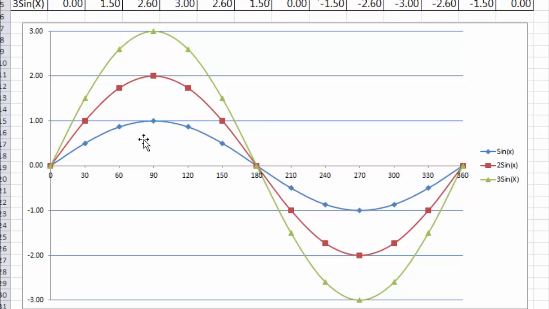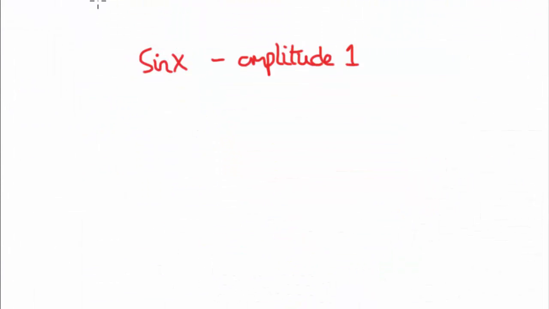Okay, so if we just say sine x, we can say amplitude is 1. If we then go back to it, if we look at the 2 sine x, we can see it goes up to 2. So that's amplitude is 2, right? So we can say 2 sine x, amplitude is 2.